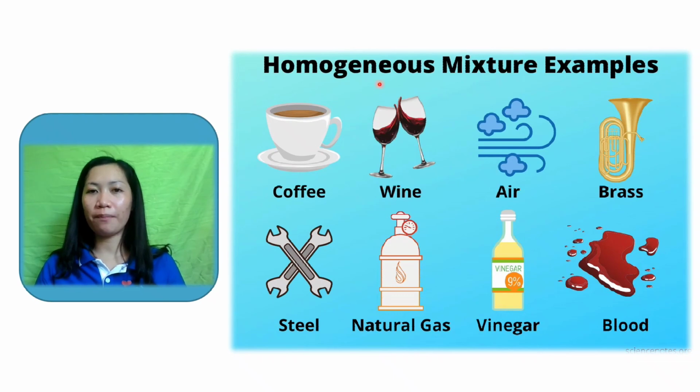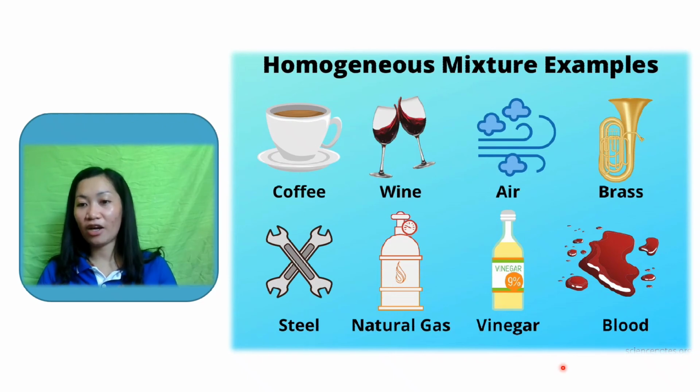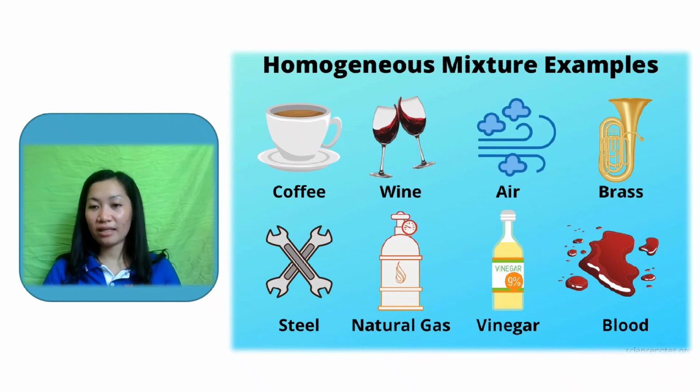So for example, homogeneous mixture examples, we have the coffee, the water and the coffee, we have the wine, so they are all red. We have the air, we have the grass, we have the steel, natural gas, we have the vinegar, we have the blood, meaning they are uniform in color. Okay, you cannot see anything. Okay, uniform, so that is homogeneous mixture.